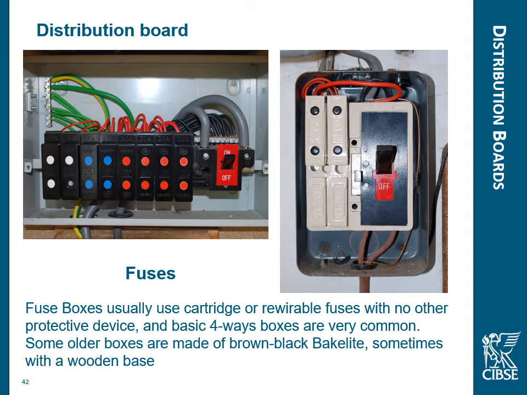So if we've got somebody that visits that board quite often and does work on it, think about the fact that they could be exposing themselves to asbestos. So it's worth, if we've got one of these boards, thinking of getting it removed and replaced by a more modern board, hopefully with circuit breakers.